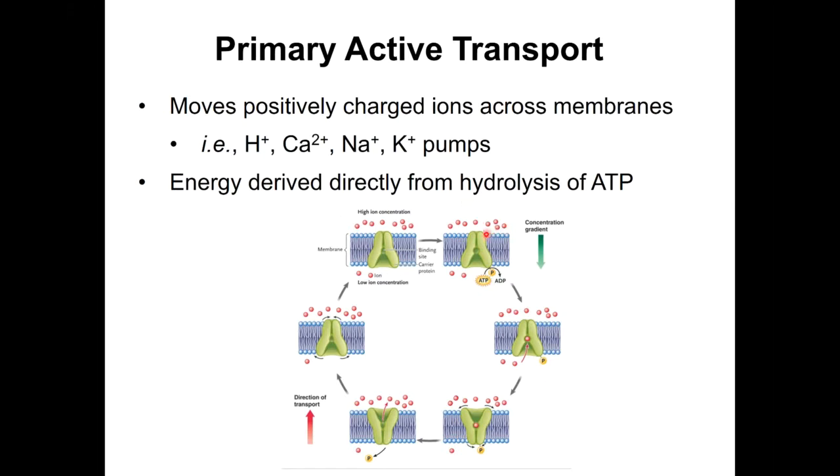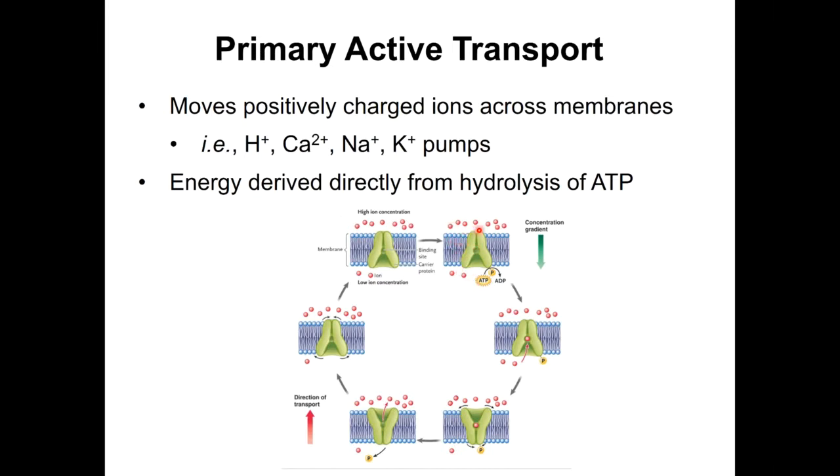Here you have an example of some ions. In this case, this ion would have a high concentration on this side versus this side, so the concentration gradient is going in this direction. However, you want to keep this. If the ion diffuses in, the cell would not be working. So you need to keep pumping ions against the concentration gradient.